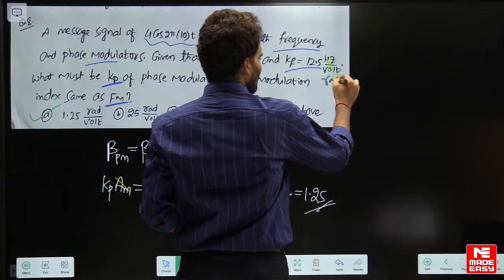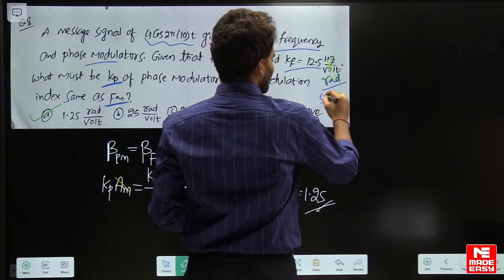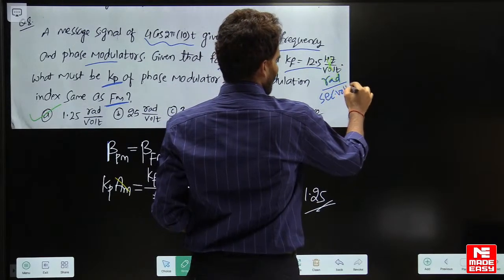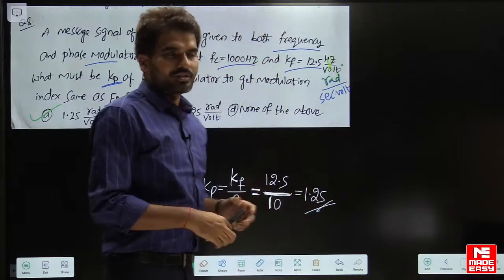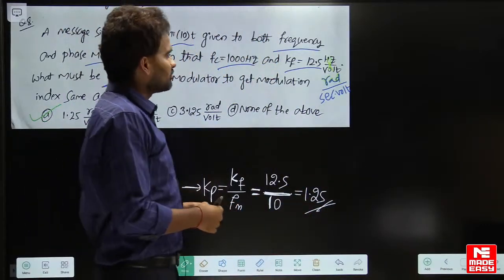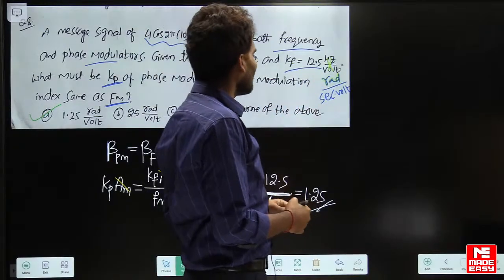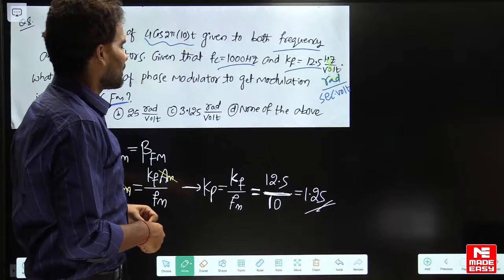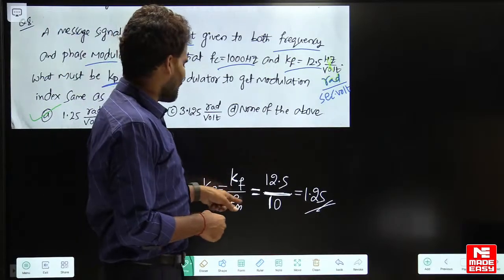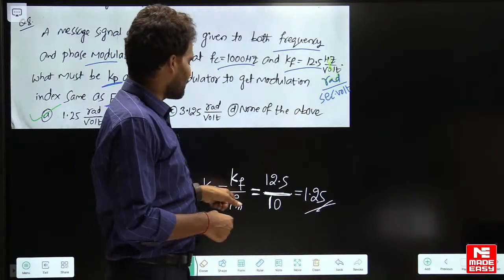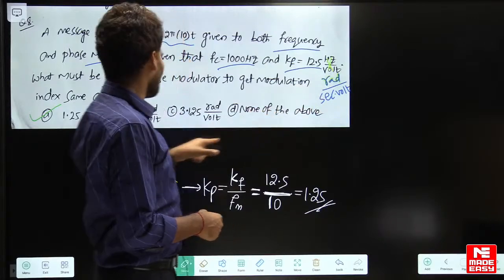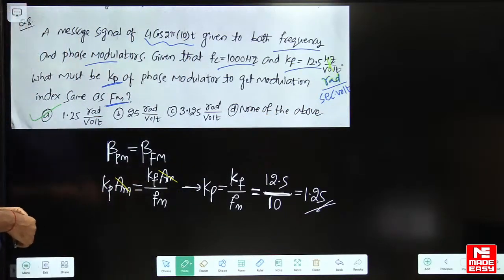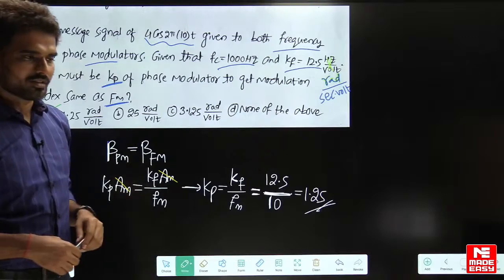That is also one possible unit of KP, radians per second volt. So KF by FM: FM is in Hertz, which means per second, so the per second cancels and you get radians per volt. Okay, fine. 1.25 will be the answer for this.